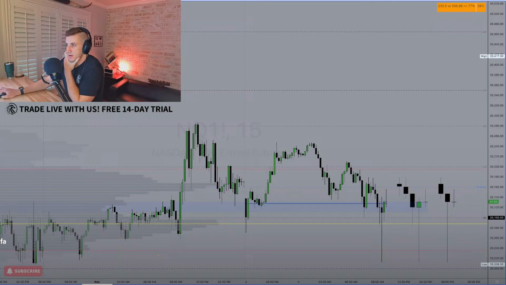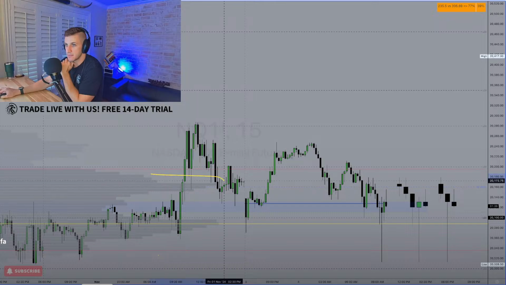Next 15-minute bar closing up here in less than 2 minutes. So far, buyers unable to break up and through the prior day volume point of control. You can see that high volume node here on the 15-minute chart.